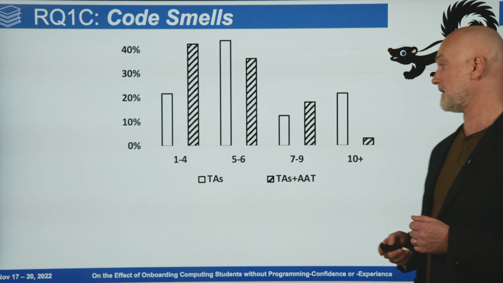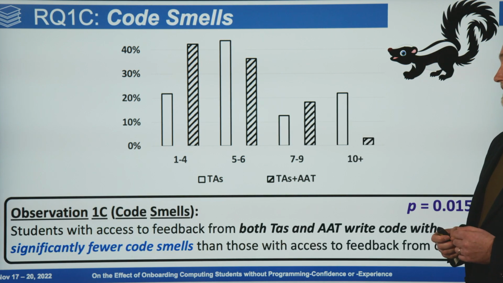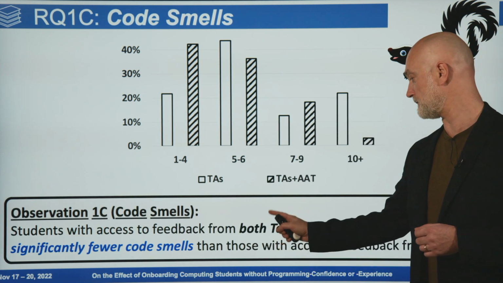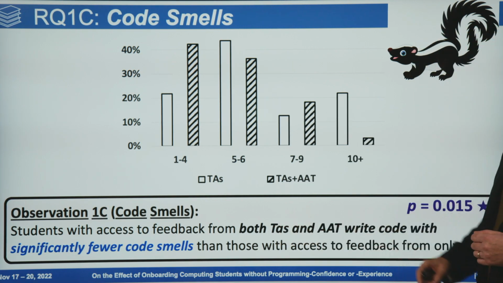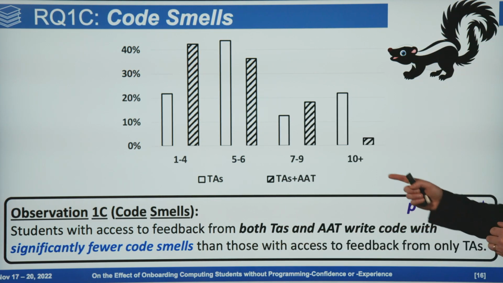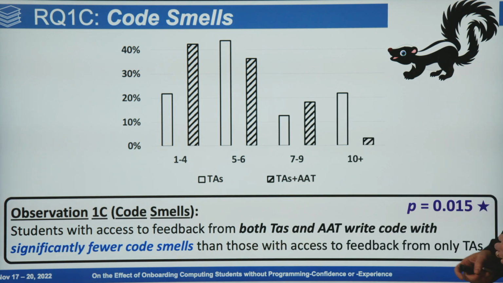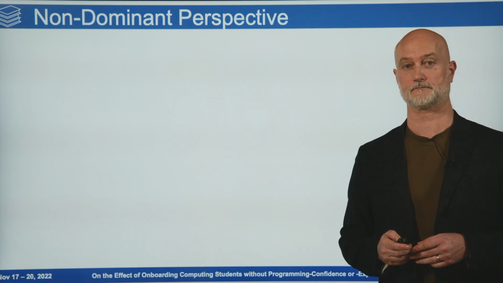Again, if we compare the two extremes, we see that students with access to feedback from both TAs and automated assessment write code with significantly fewer code smells than those with access to feedback from only a TA.